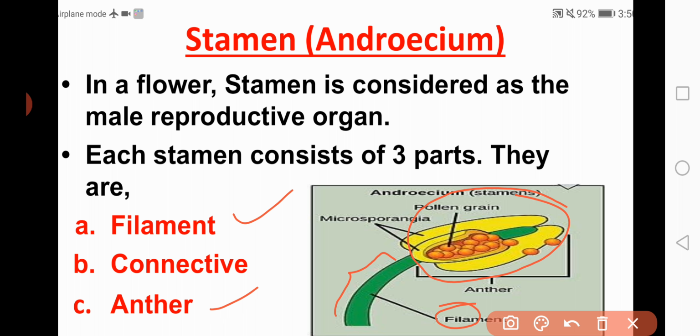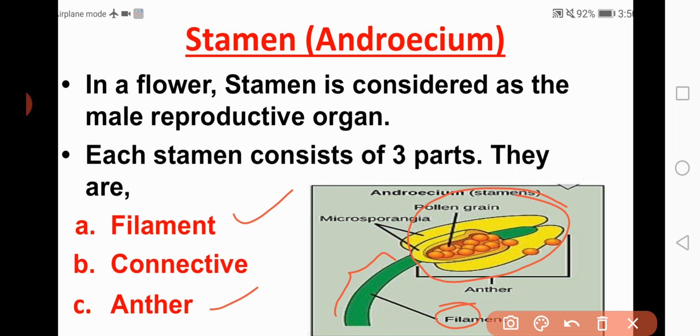In between the filament and the anther there is the connective. This greenish structure is the connective.